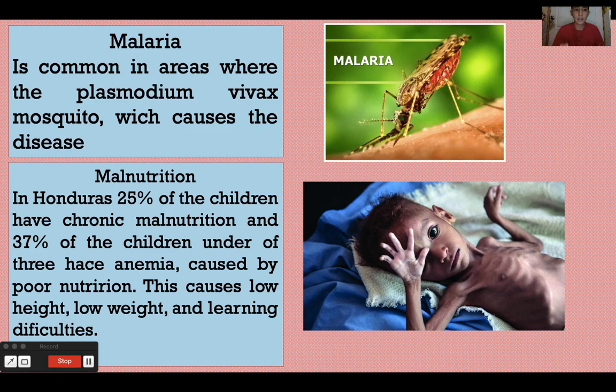Okay, what does malnutrition cause in you? First one, it causes low height. That means that you can't grow as fast as, or as normal as, other people grow. Okay, you are shorter than others.